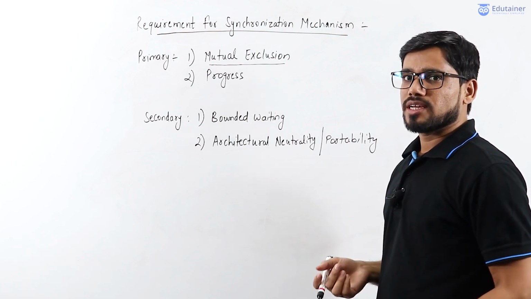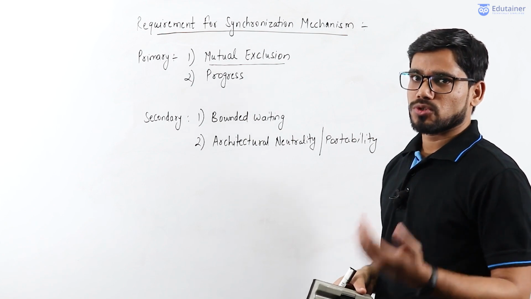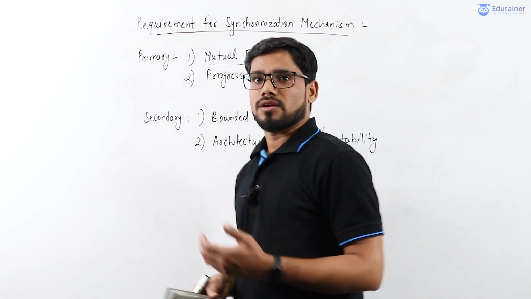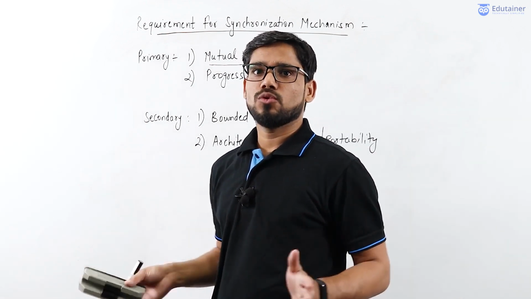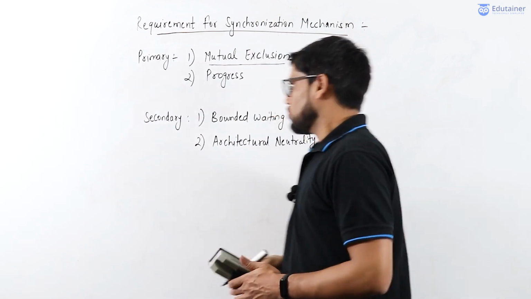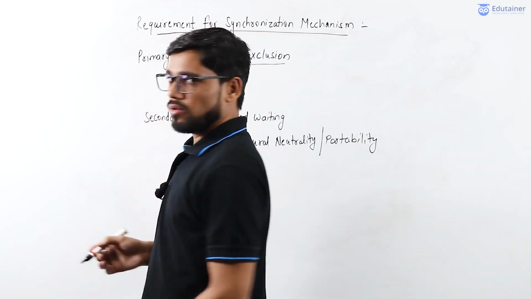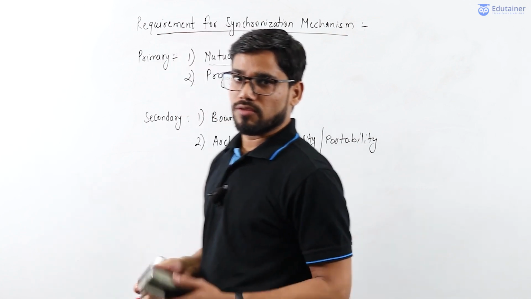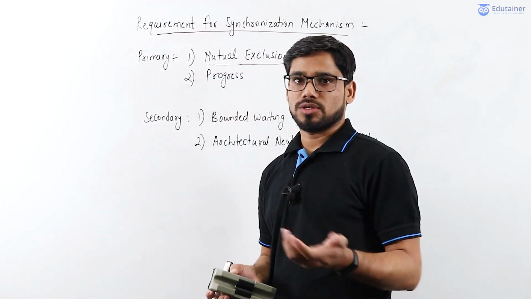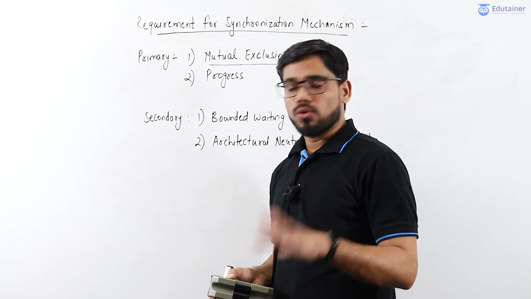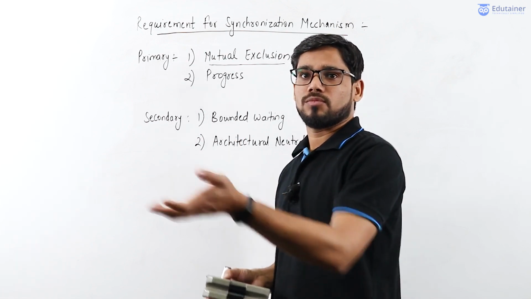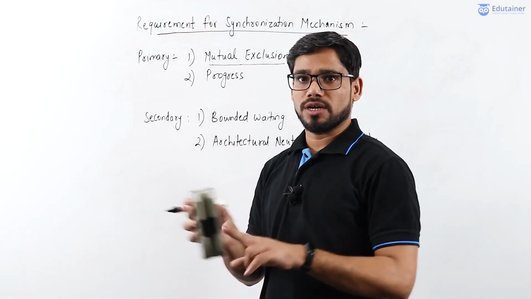So what is the critical section? The critical section is the shared resource or shared memory which is shared between two or more different processes. So what I'm trying to say is, let's say you have written some code and your code requires various shared resources, and the other programmer's code requires the same shared resources.